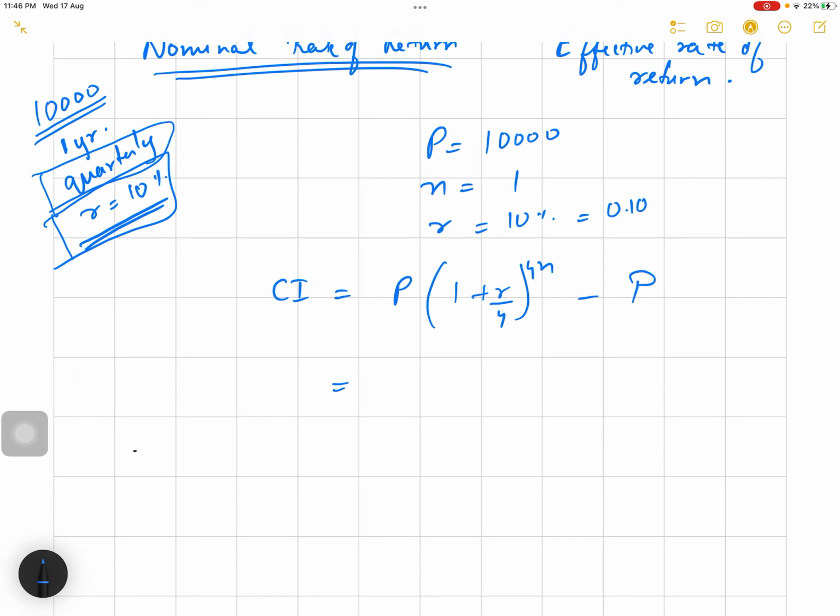So my principal is 10,000, 1 plus 0.10 divided by 4 raised to 4 into 1, which is 4, minus P, 10,000.